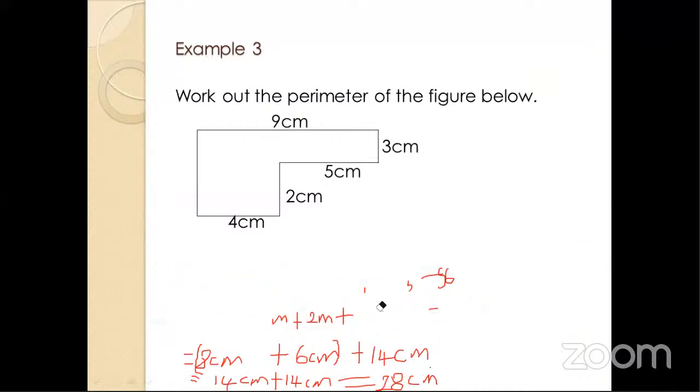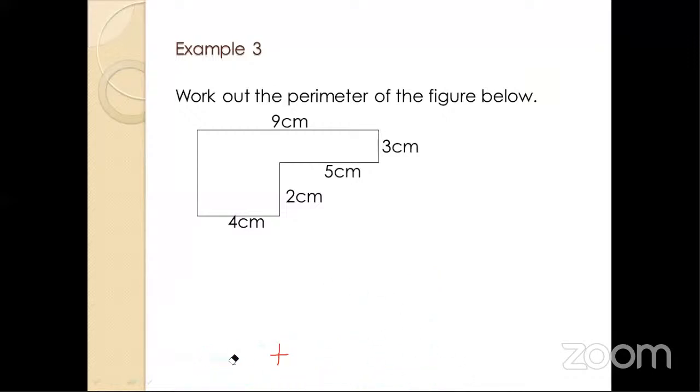You can as well, if they ask you to find the perimeter, let me just draw it here.